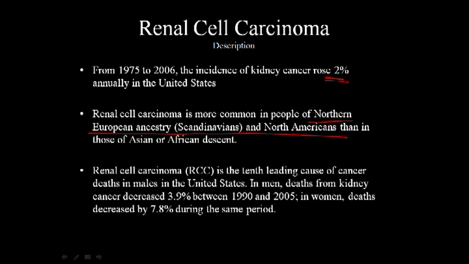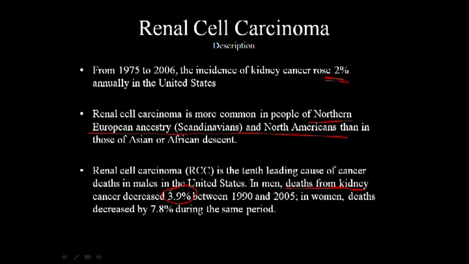Really unknown. Renal cell carcinoma is the 10th leading cause of cancer deaths in males in the United States. In men, deaths from kidney cancer decreased 3.9% between 1990 and 2005, which is kind of crazy, because the incidence of kidney cancer has actually risen, but deaths have actually decreased.